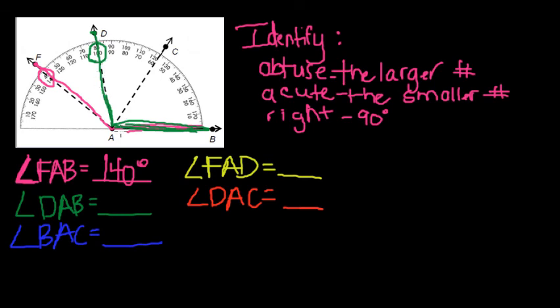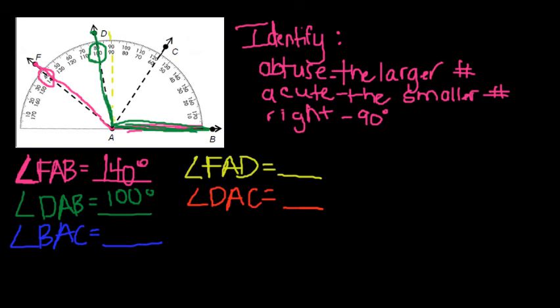Now, is this acute or obtuse? Well, 90 degrees would be right here, and it's more than that, so it's the obtuse one, meaning it is the 100 degrees angle. Okay, make sure you put the degree sign.